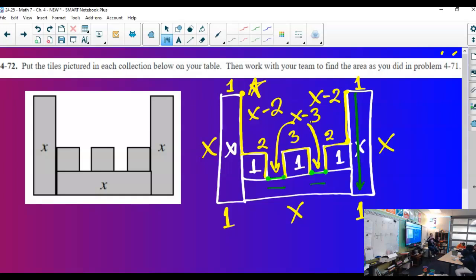Because we would have had x, but we erased one, erased another one, and erased another one. So now in total, let's just do the x's first. How many x's? Yeah, I think 6, right? 1, 2, 3 out here. 1, 2, 3 in there. 3x.